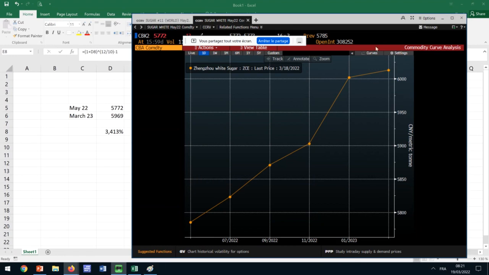The slope of the curve is almost exactly the interest rate, and that is a situation where you would normally assume that no cash and carry operation is possible.